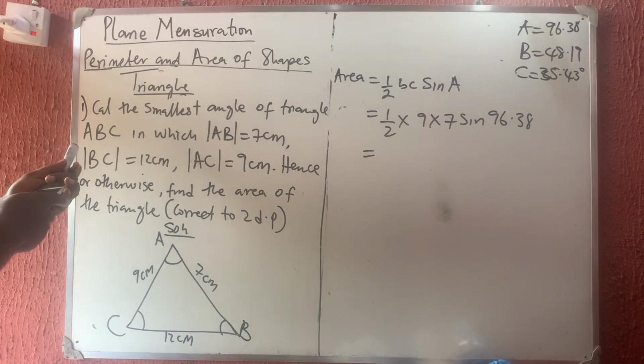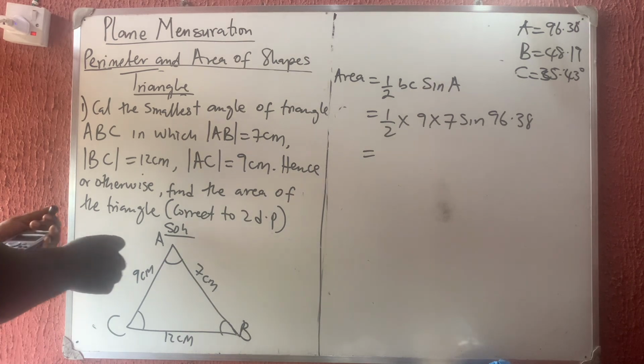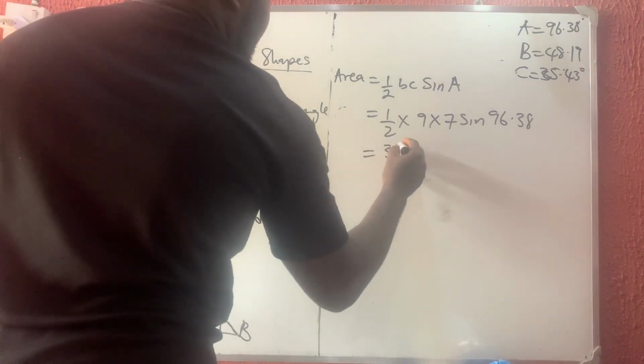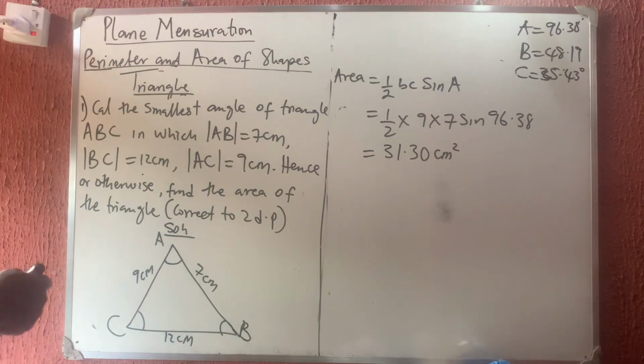I have 7 times 9 divided by 2, then answer sine 96.38. So I'm having 31.3. Okay, approximately 31.30 cm squared. So that is the area.